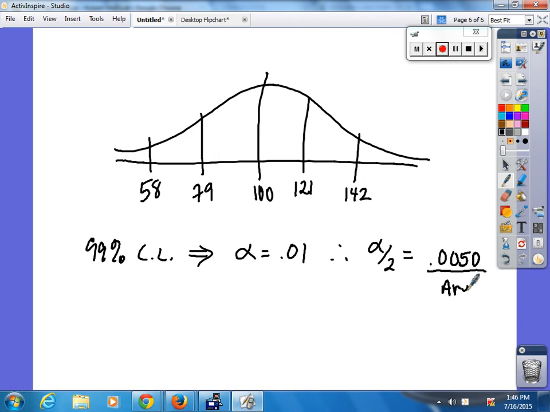Area. Good job. So you go to inverse norm and tell me what 0.0050 in inverse norm is. Minus 2.57. So 2.57 is your z. 2.5 what? 75, which is 2.58. There's your z of alpha over 2. 2.58. Write that down.